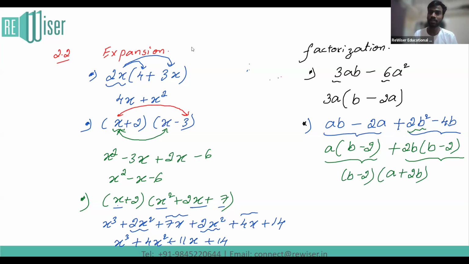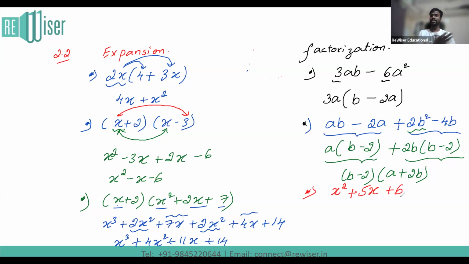And the last one under this factorization we should be aware of is factorizing 3 terms, and especially factorizing quadratic equations. So that's nothing but, suppose you have x squared plus, let's say 5x plus 6.